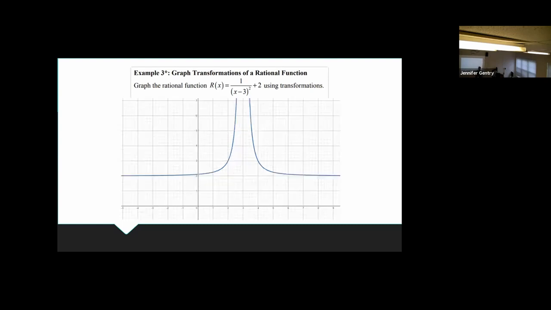You can use the same rules with these rational functions that we did with those polynomials before. So you're going to have a swoosh. It's never going to touch x equals 3, or y equals 2. So it kind of took your origin and put it at 3, 2.